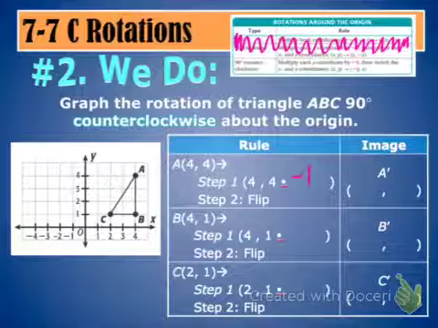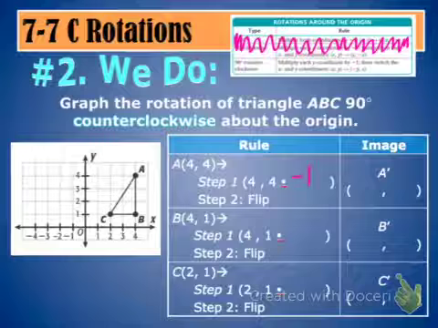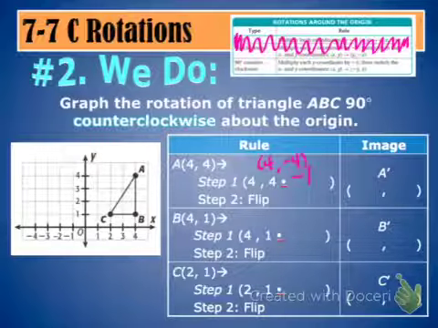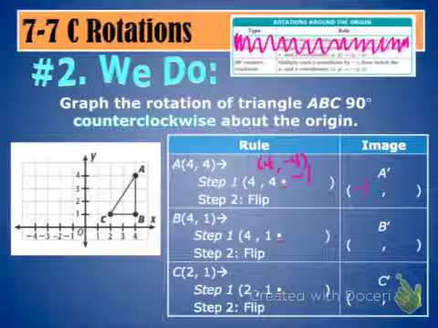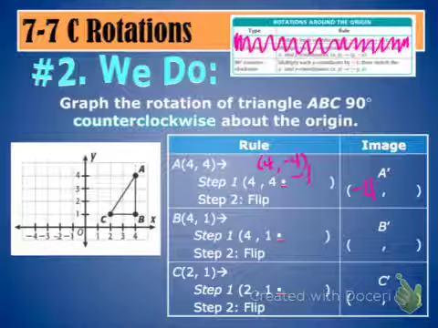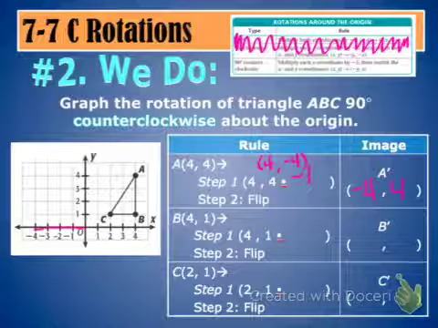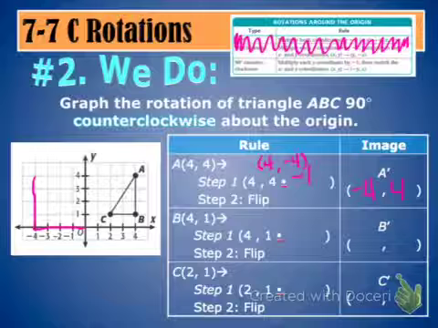So this becomes 4, -4. But then we want to flip it because that's what our rule tells us to do. So it becomes -4, 4. So for point A, the image of, we're going to go to -4, 4. So it's up here.